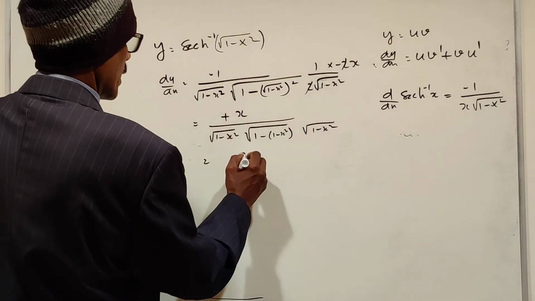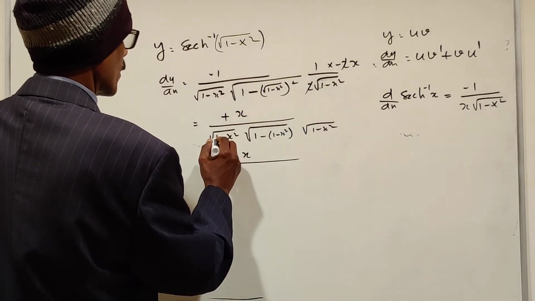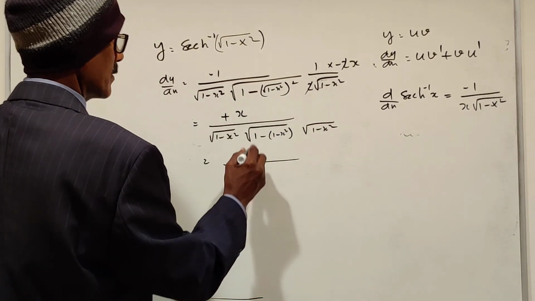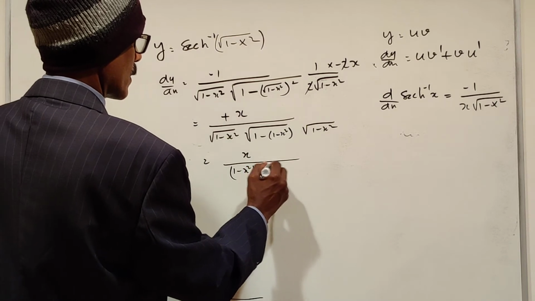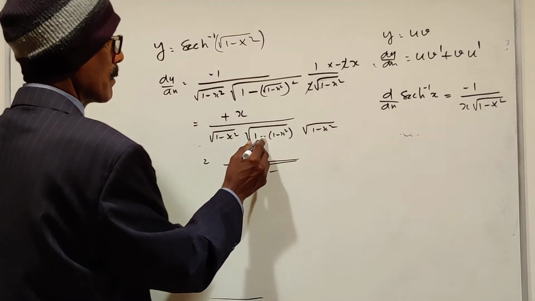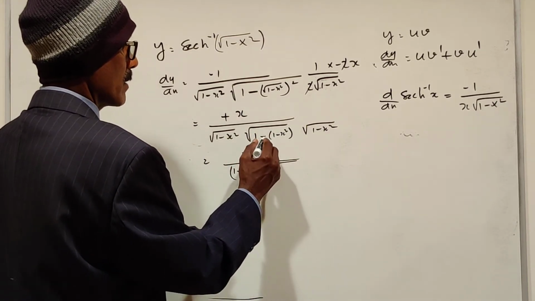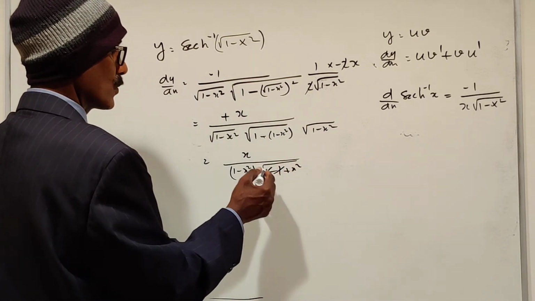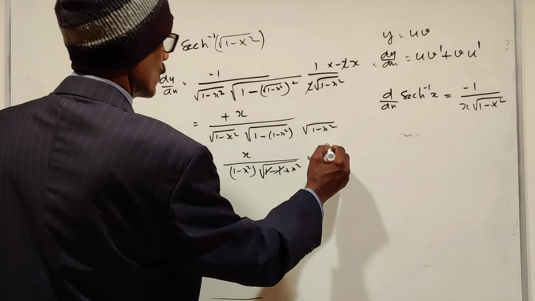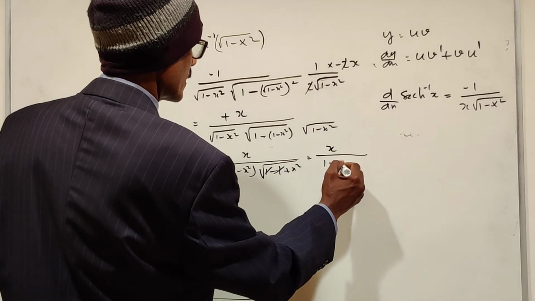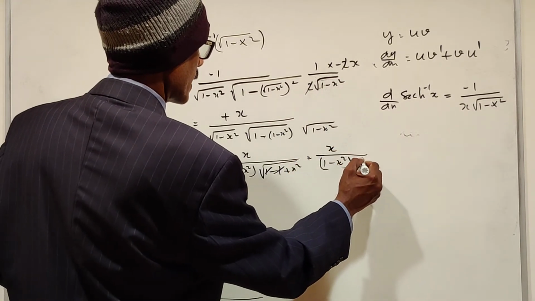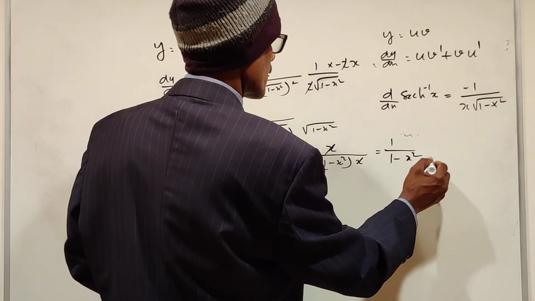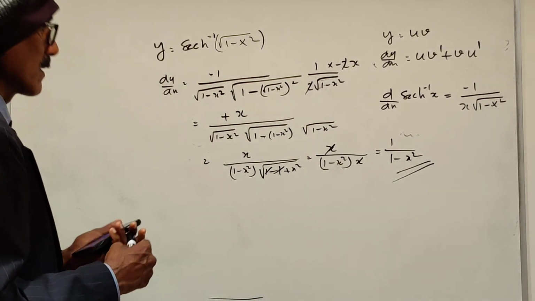Alright, so x by square root of 1 minus x square times square root of 1 minus x square is 1 minus x square times this one. Square root of 1 minus times 1 is minus 1. Minus times minus is plus x square. So 1 minus 1 cancel out. Square root of x square is x. So x by 1 minus x square into x. The x cancels out. So the answer is 1 by 1 minus x square. That is the answer. Okay.